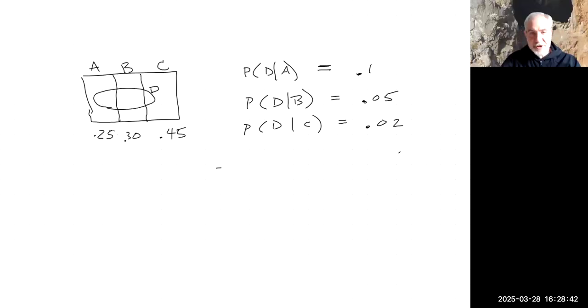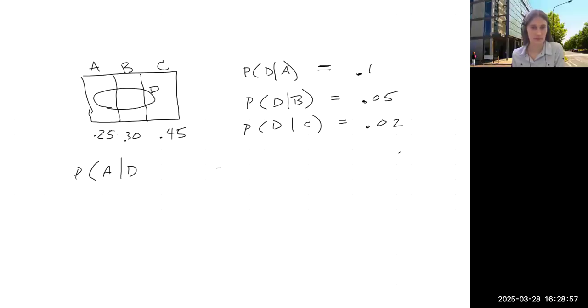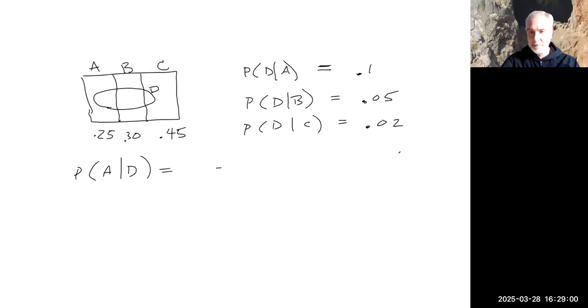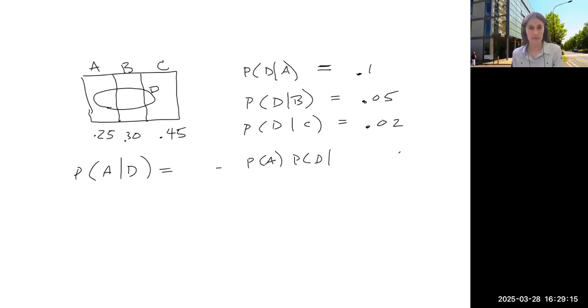So we have a distribution here, but let's see now if we can figure out what the probability of the pencil coming from A, given that it's defective, is. Well, we can say that it's the probability of being an A times the probability of being defective given that it came from A, right? That would be just this bit.